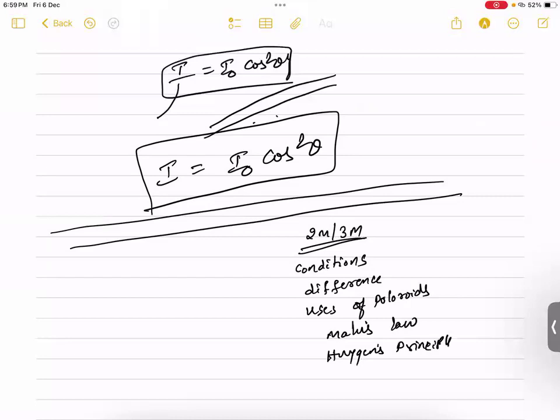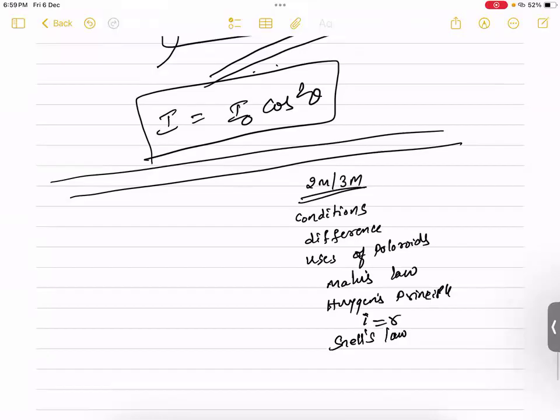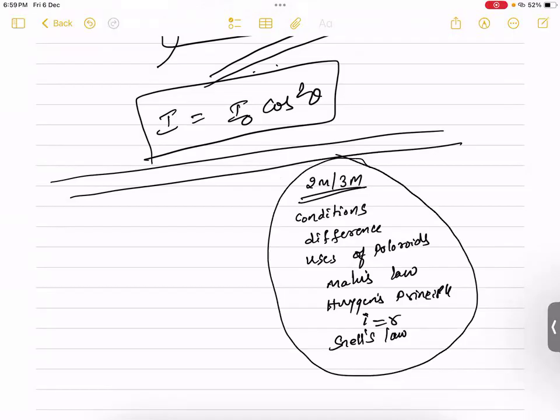And you have to prove the laws of reflection and Snell's law. These are the very important 2 and 3 mark questions. You will get surely one question from this. Only this much.